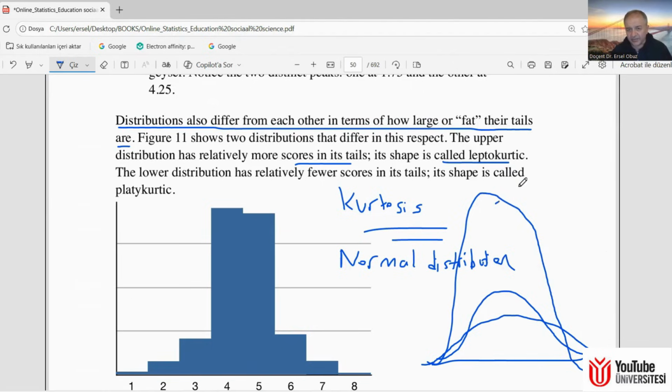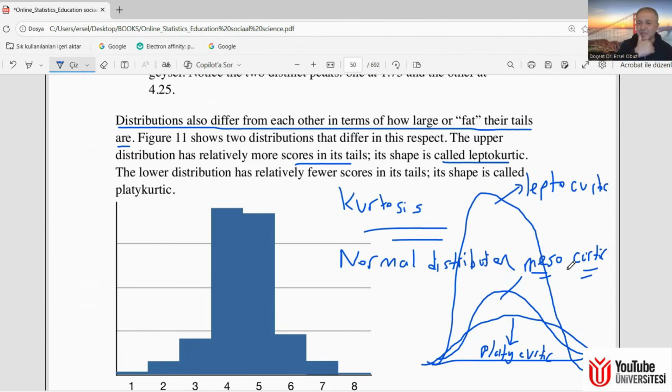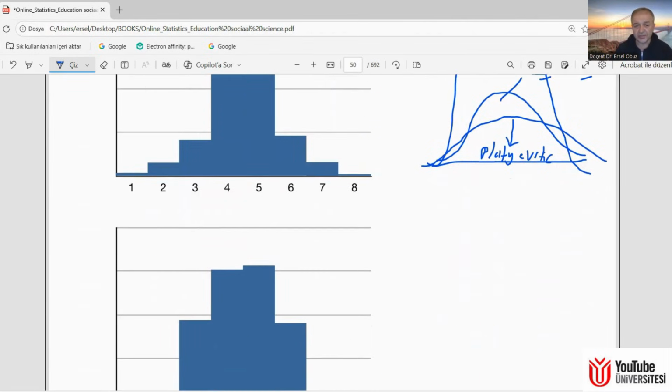That one is going to be called leptokurtic. And this one is going to be called platykurtic. In some books, instead of normal, you may see mesokurtic. Meso also means in the middle. So this is the kurtosis.